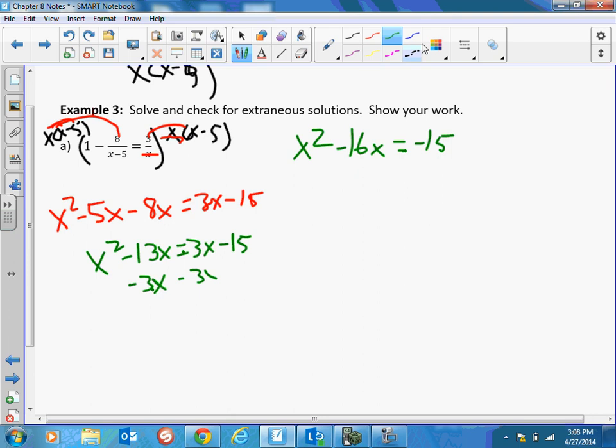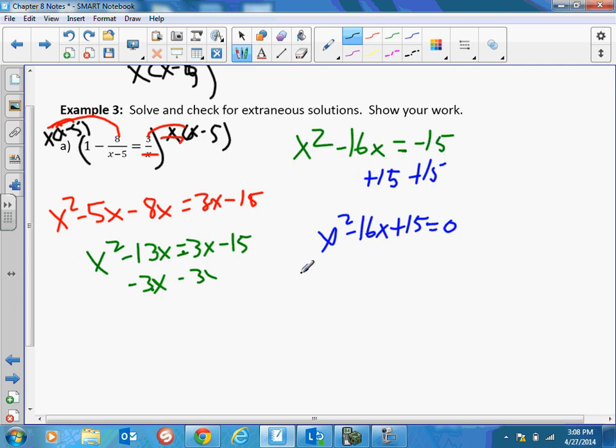Check your equal sign. Then you want to add 15 to both sides because it's a quadratic. We've got to set it equal to 0. And we have x squared minus 16x plus 15 equals 0.